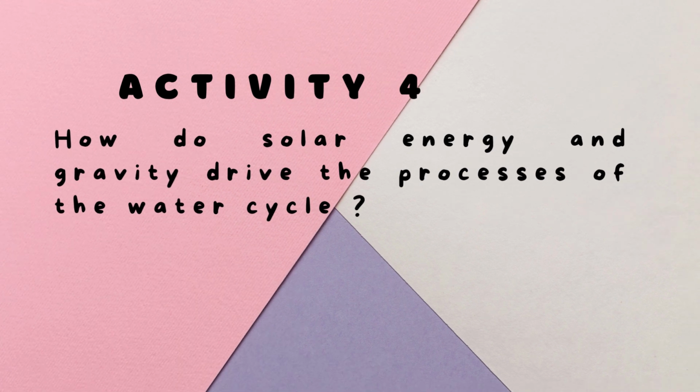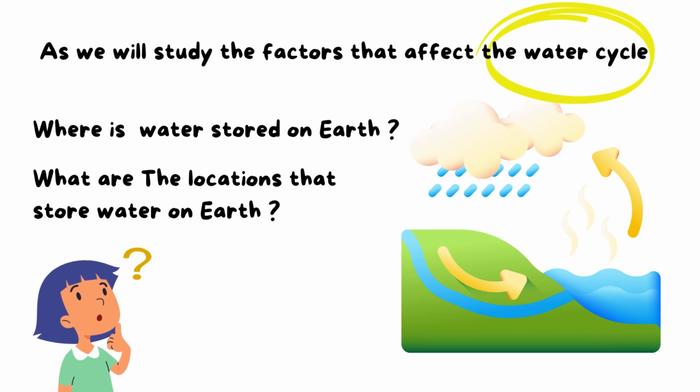So, as we will study the factors that affect the water cycle, we want to know, as we are studying the water cycle, where is water stored on Earth? Can you tell me where is water stored on Earth?